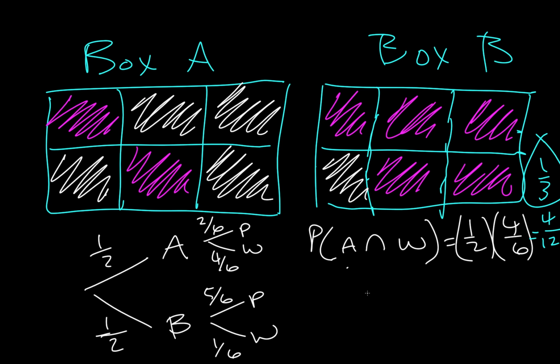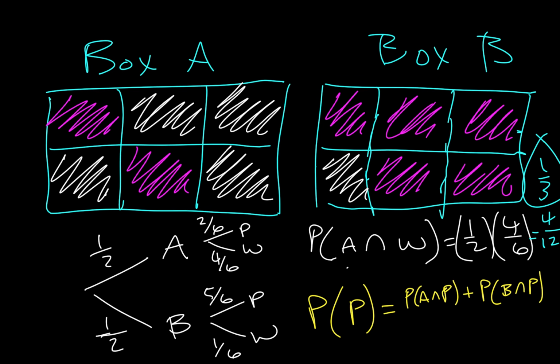The next question says, has purple flowers? So basically just the probability of purple. We have to find the probability that we are in A and have purple, and then add it to the probability of B and have purple. Written out, it's the probability of A intersect purple plus the probability of B intersect purple.